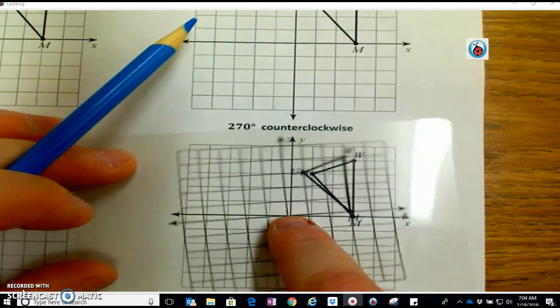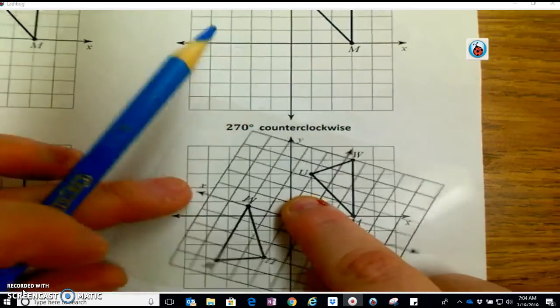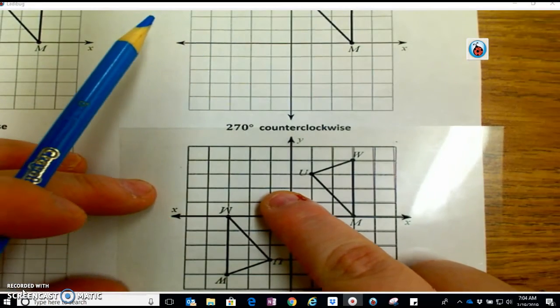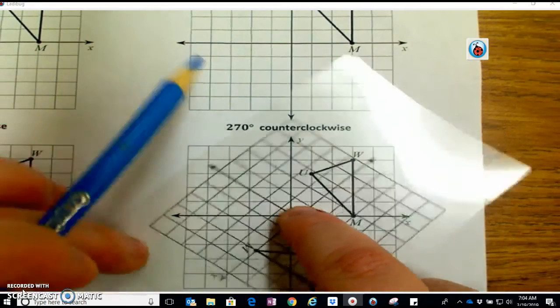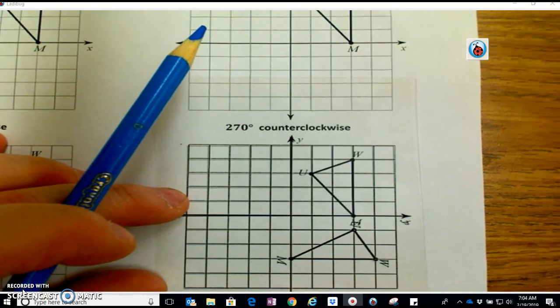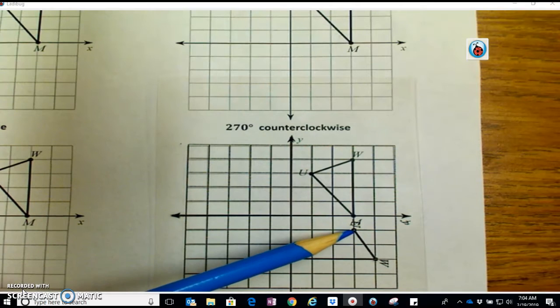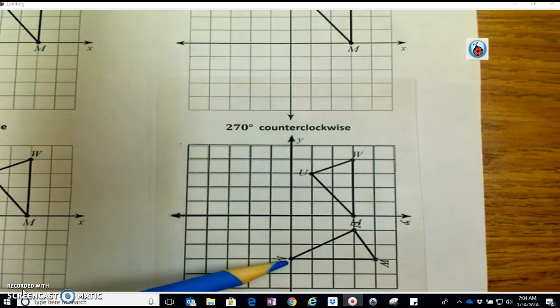One, two, and three. Line that up again. So U, W, M. Record those new points.